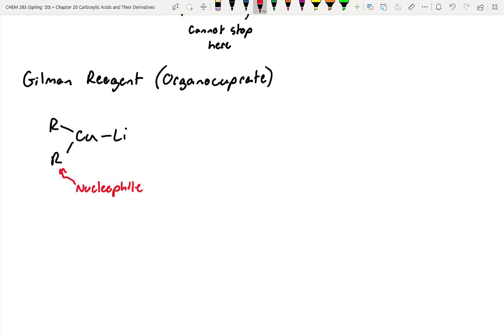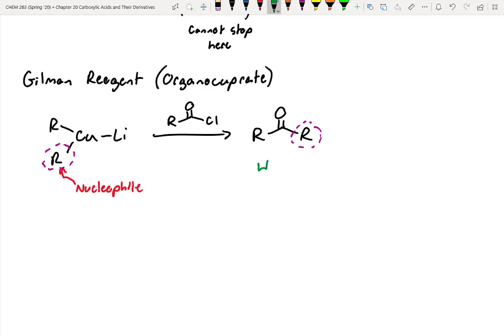And in this case, this whole thing is a lot more bulky, which means if you react this with something like an acid halide, you can actually get one of these R groups to add in, but it will stop at that ketone. It's too bulky to add again. Which is kind of neat.